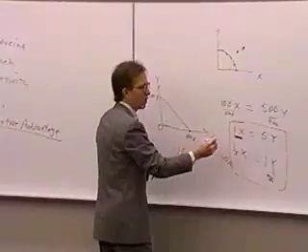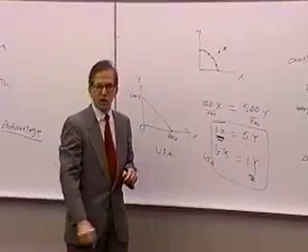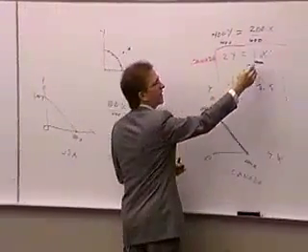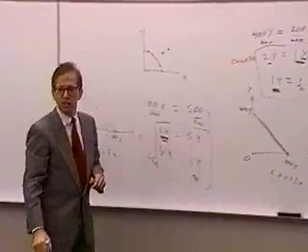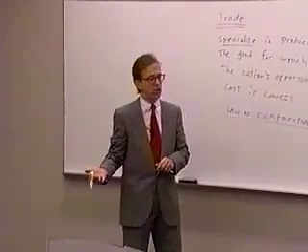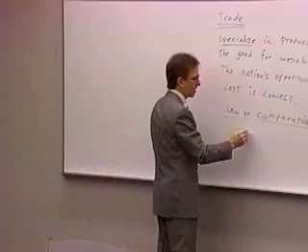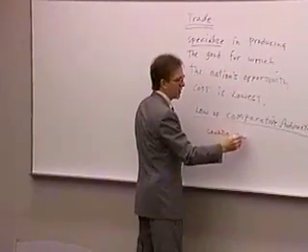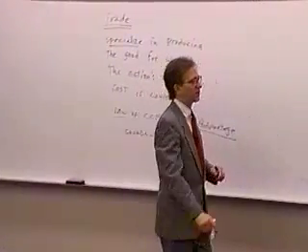The cost of 1X in the United States is 5 units of Y. The cost of 1X in Canada is 2 units of Y. In Canada, you can get an X by giving up 2 units of Y. In the United States, you have to give up 5. So Canada should specialize in producing X. The opportunity cost is lower for Canada.